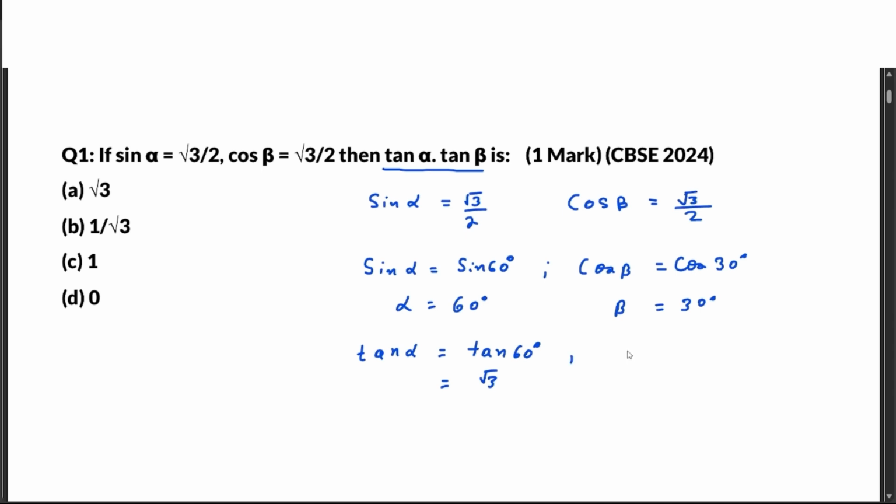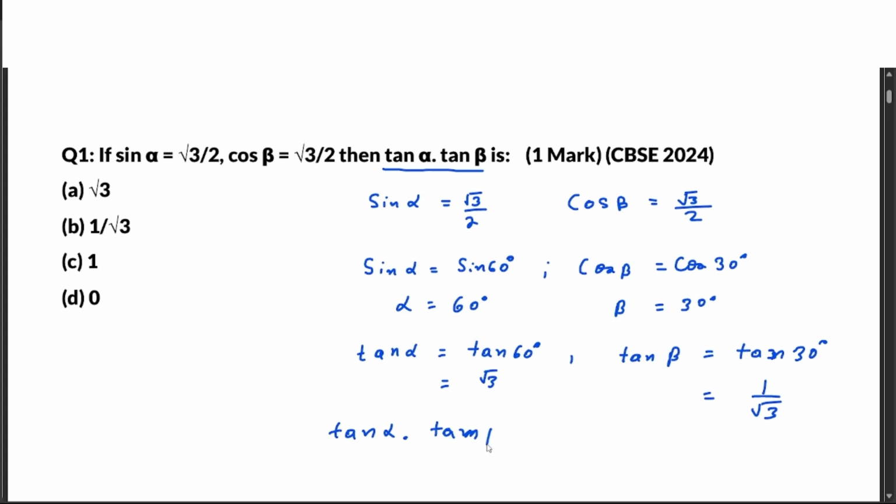In the same way tan beta is equal to tan 30 degree, which is equal to 1 over root 3. Now the question is asking for tan alpha into tan beta.